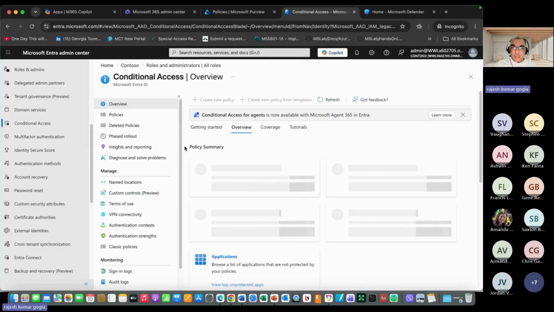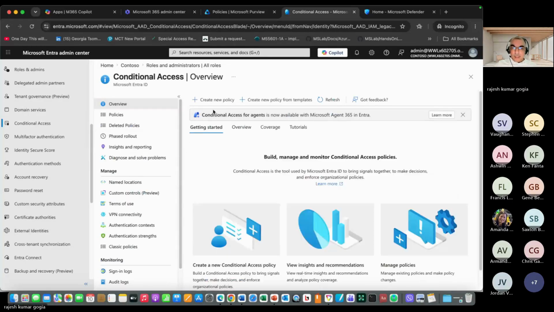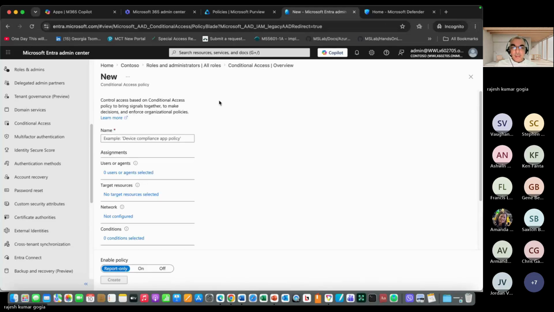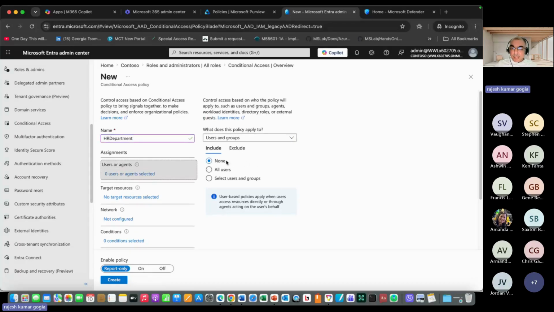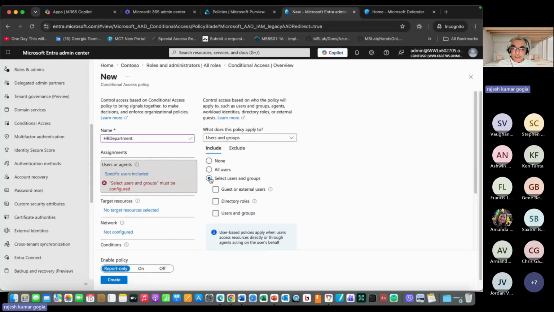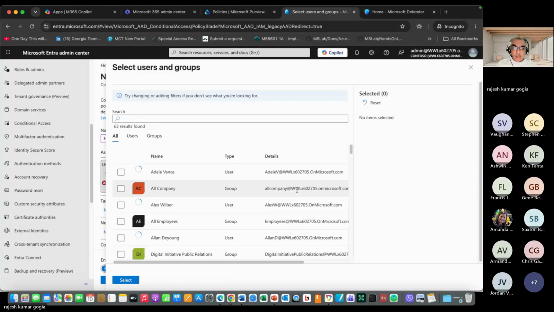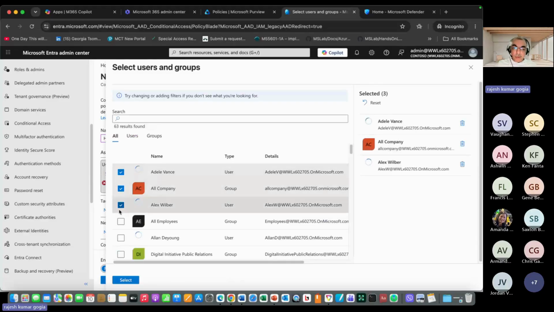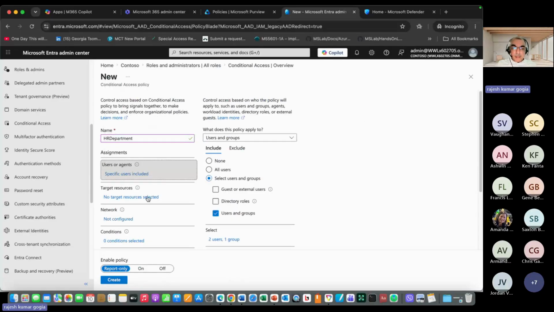See, so let's say, for example, I want to create a policy and let's give it a name. Okay, HR department. All right, and I want to create a conditional access policy. Which users am I going to pick? Let's say users from the HR department. I can pick the group as well, and then target.